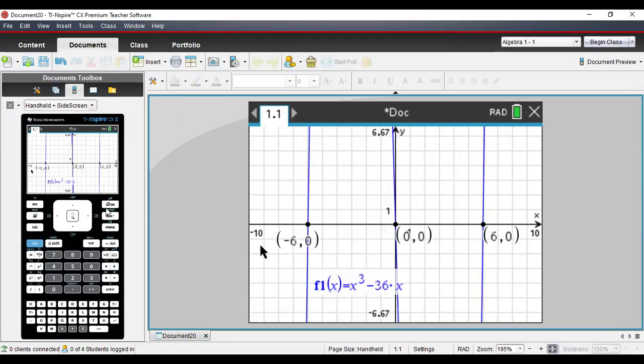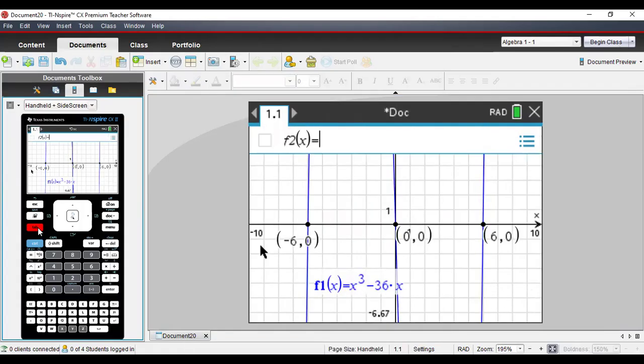Now, you should check it. Every time you factor, you should check it. So I'm going to go tab, and then I'm going to type in my factored form. Remember, you got to put multiplications between the parentheses. So this is going to be x, times x plus 6, and then times x minus 6.